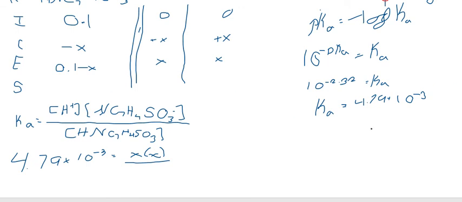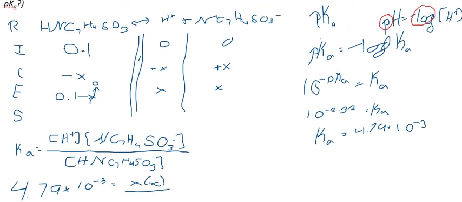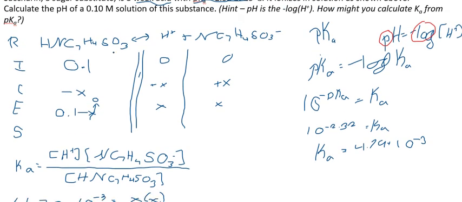Again, I'm working with a weak acid. I have a relatively small acid dissociation constant, so I'm going to assume that the effect of dissociation on the concentration of my saccharin is negligible.